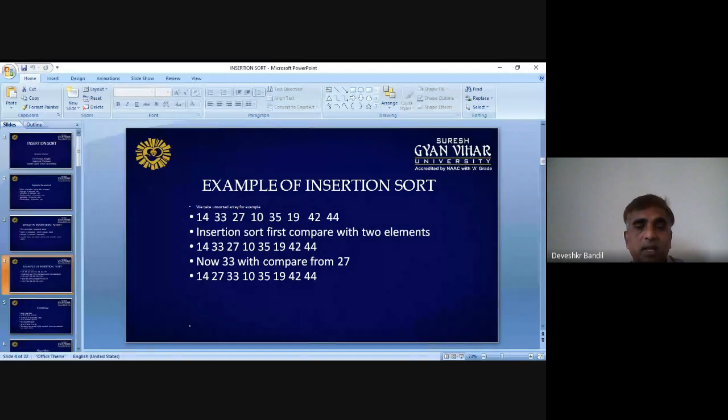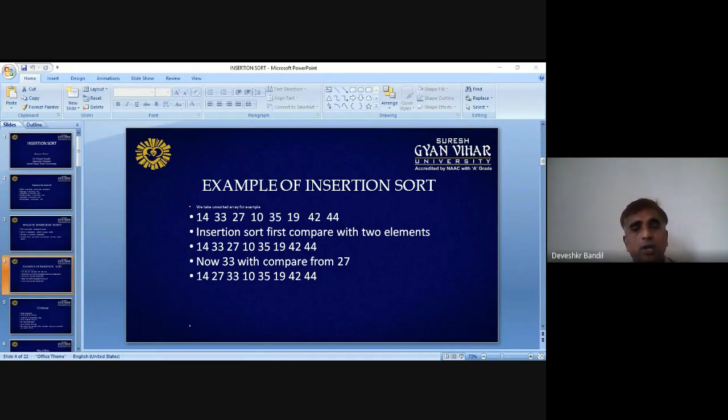Your two elements are 14 and 33. When you compare these two elements, 14 is less than 33.